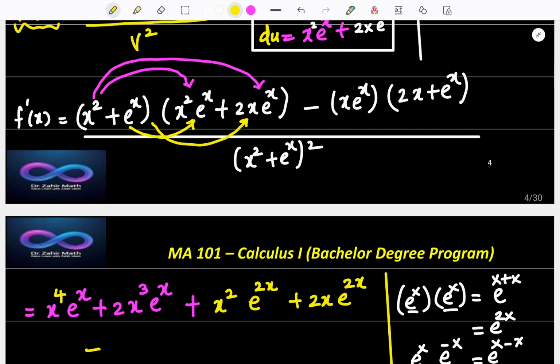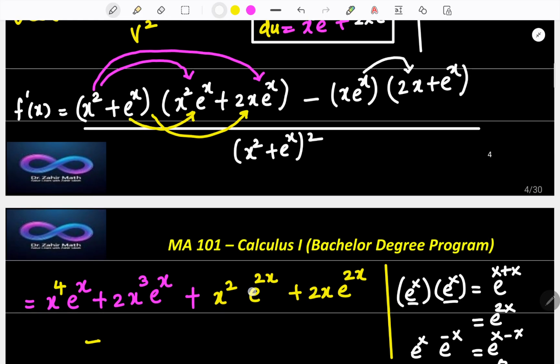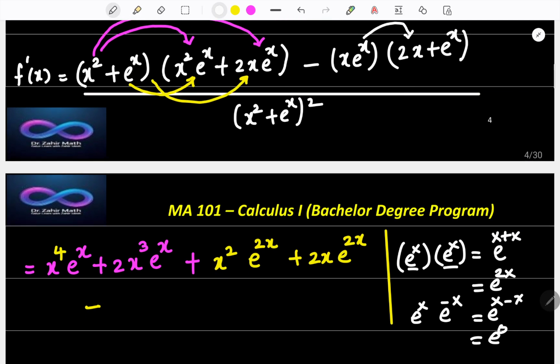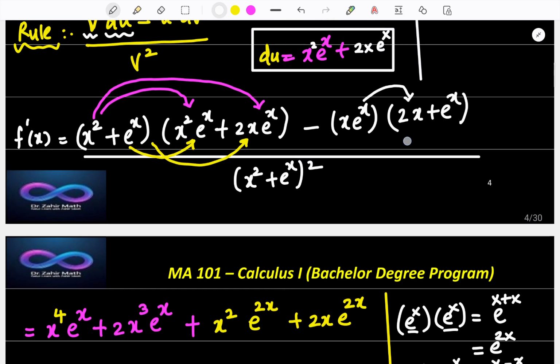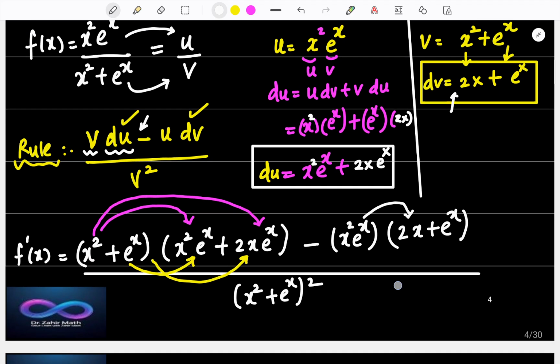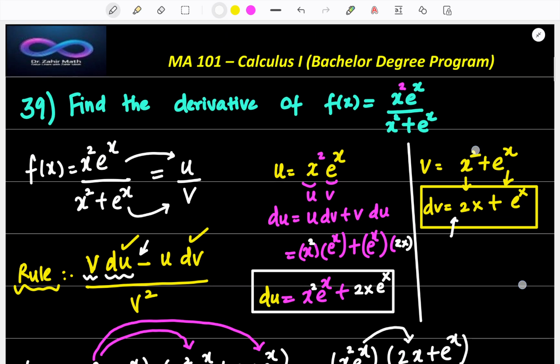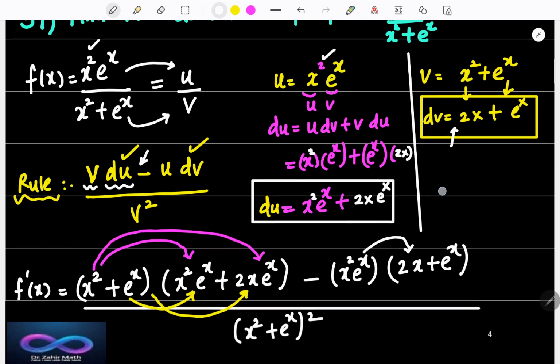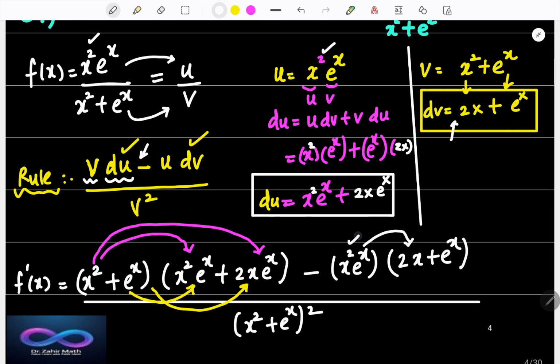Minus, I have to multiply this one. Okay. So this multiply by this one, which will be 2x square e power x. 2 multiply by x e power x. So we'll be getting 2x square e power x. So I made x square here, but I didn't make here. Just now I made it this one and I made it here also.